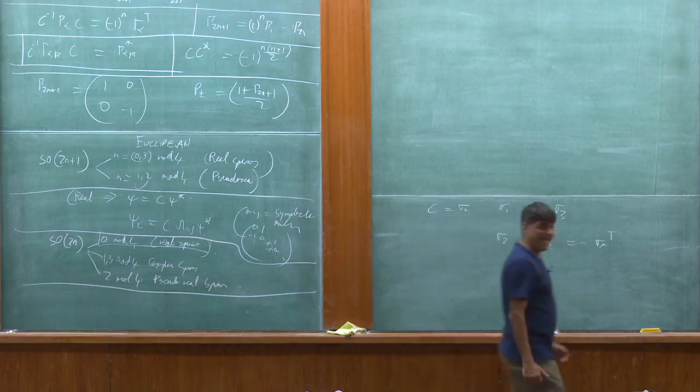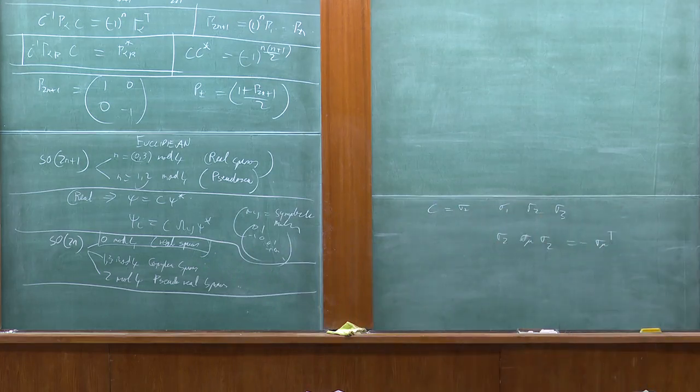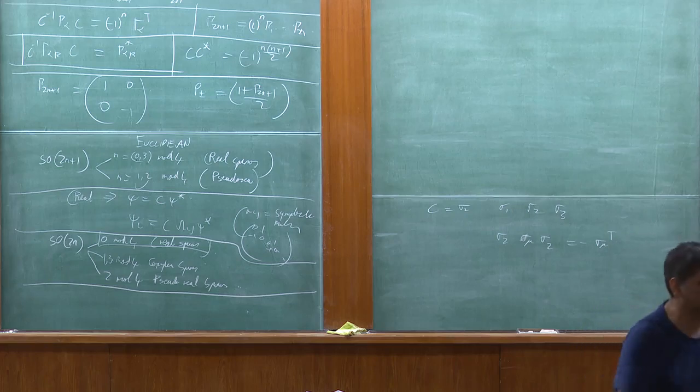And the fact that sigma 2 times sigma 2 star, which is minus sigma 2 times sigma 2 dagger, which is minus sigma 2 squared, is minus 1, is the statement that SU2 has only pseudo-real rather than real representations. Recall, the condition for reality or pseudo-reality was whether C C star was plus 1 or minus 1. All good? This is something famous.